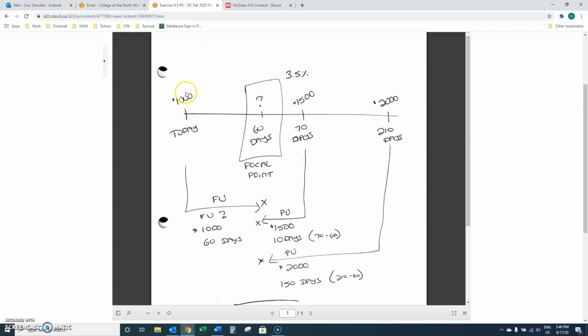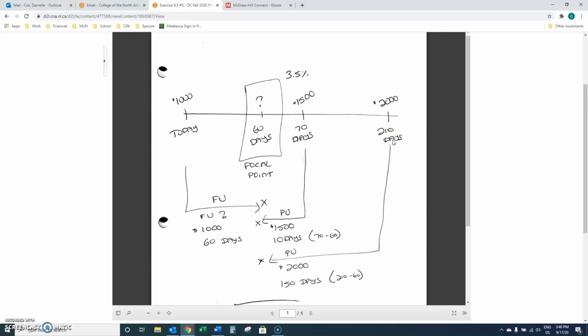So here's my timeline: $1,000 today, $1,500 due 70 days from today, and $2,000 due 210 days from today. So I have my 3 amounts on my timeline.